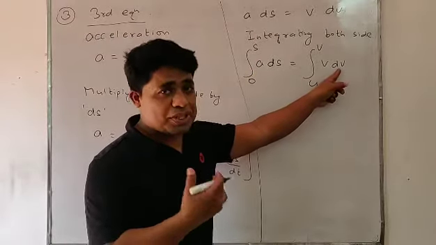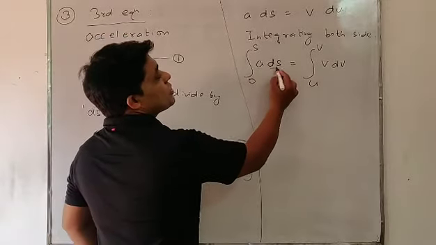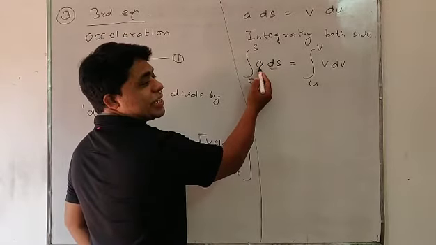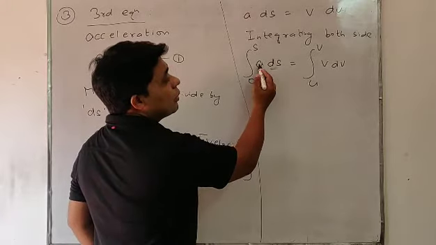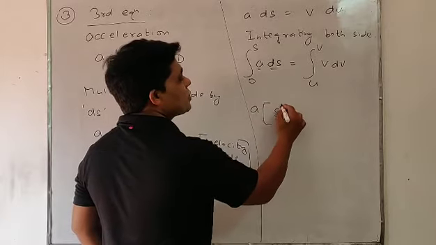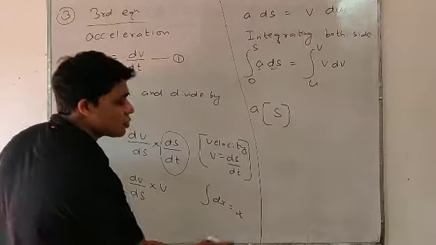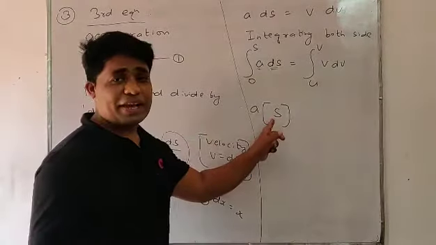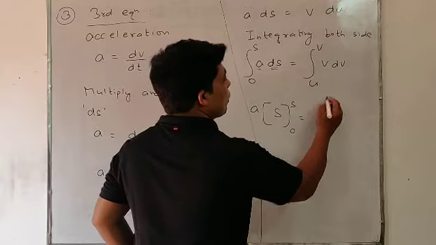This is dv, velocity, that's why we took the velocity limit. This is displacement, and that is acceleration. Both are separate, so the constant comes outside, and integration of ds is what? S. We know the formula: integration of dx is x. On account of that, integration of ds is s. A comes outside, limit 0 to s.